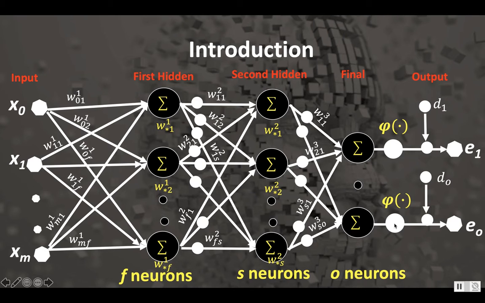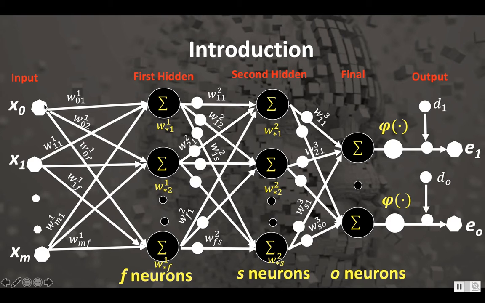The last one, the small white dot, is the desired response. We compare the output with the desired response, and we get the error. So now we know all the components and symbols.